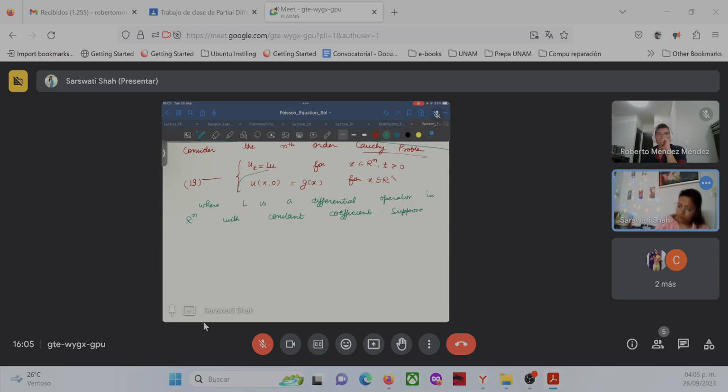Suppose k of x comma t is a distribution in Rn for each value of t greater than or equal to 0.